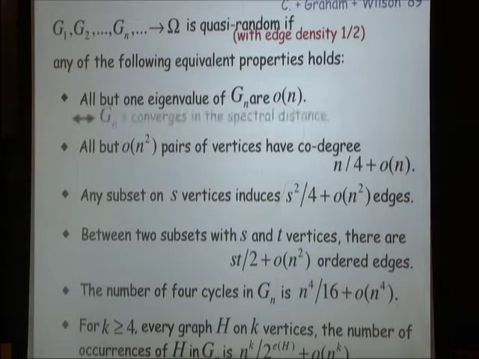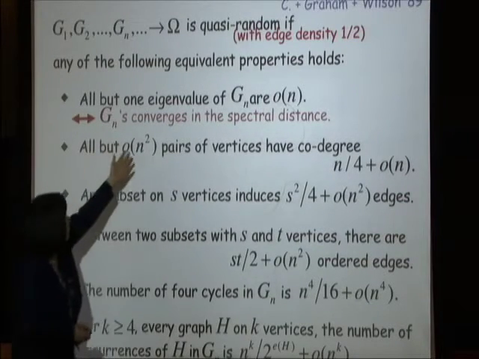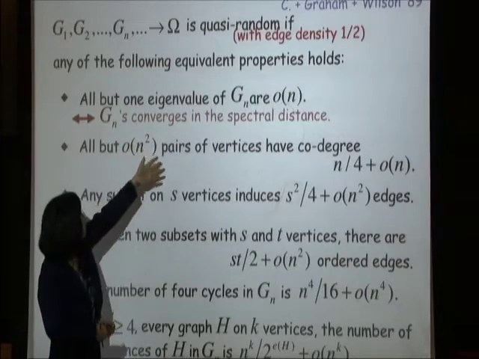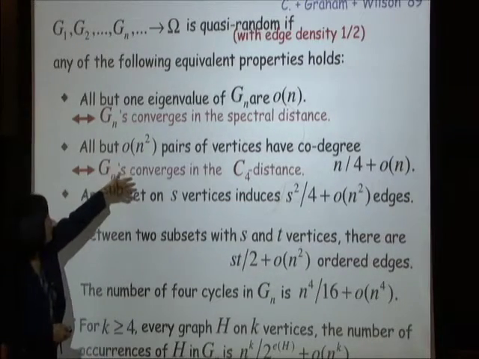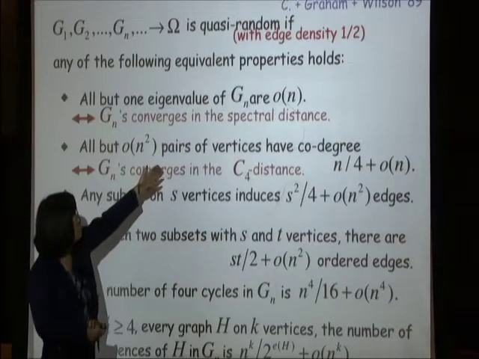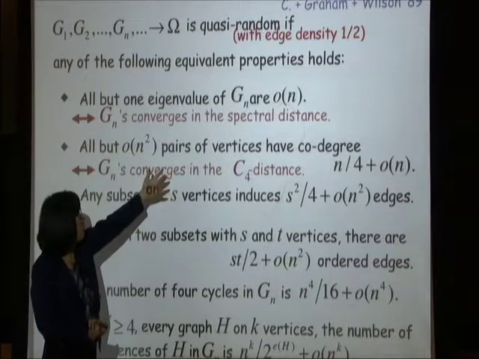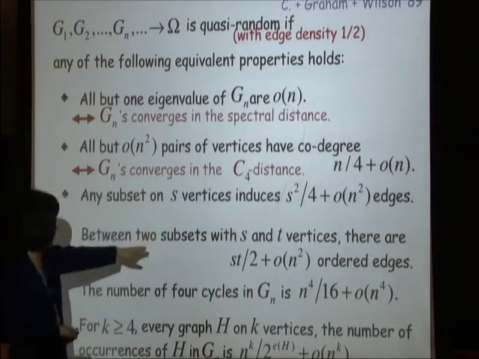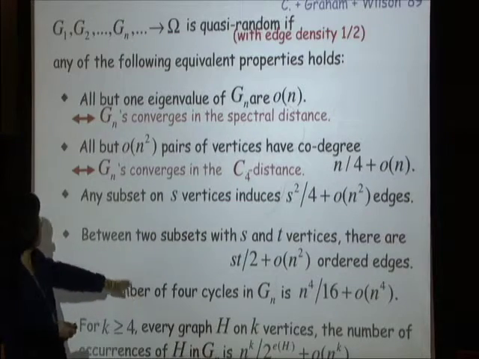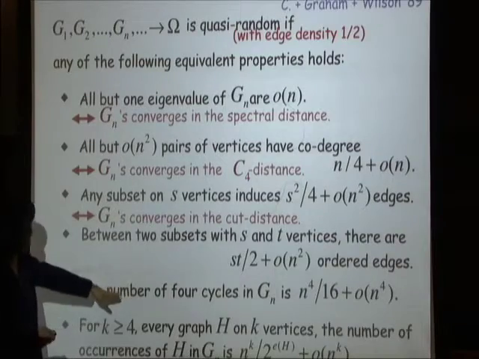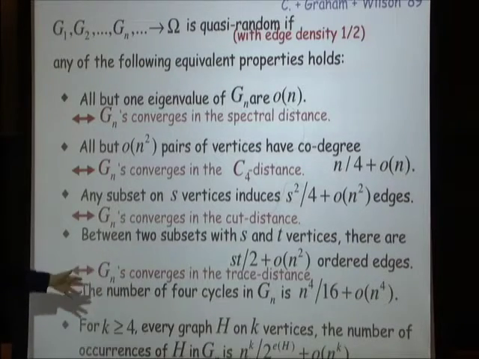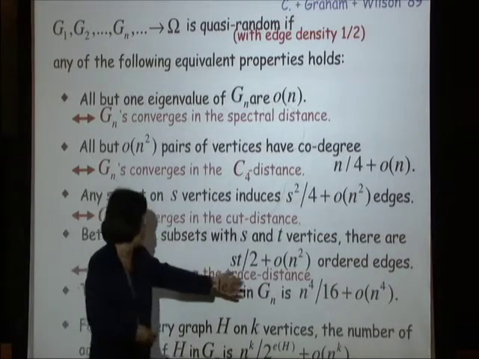If I write it in graph limit language, this means it converges in spectral distance. And this means the sequence converges in C4 distance, which is sort of like this one. This is the cut distance. And this is really a trace distance.